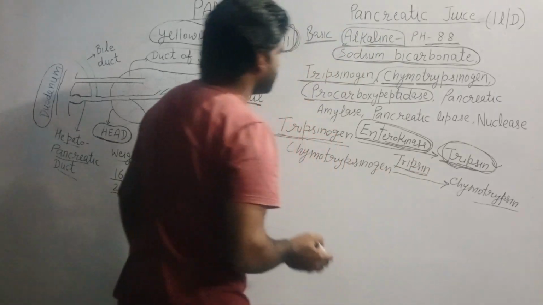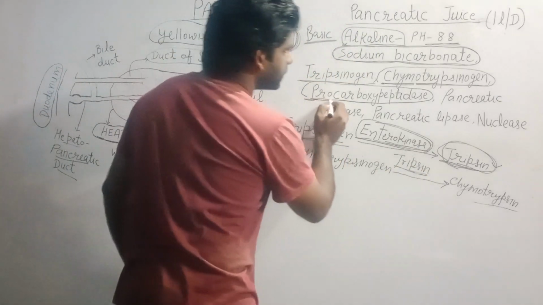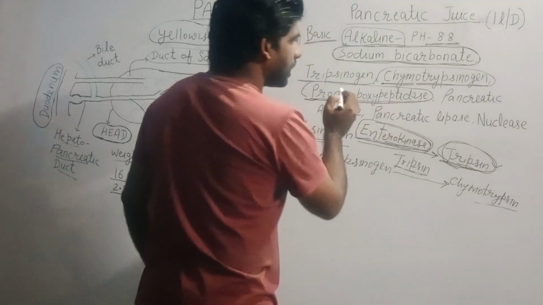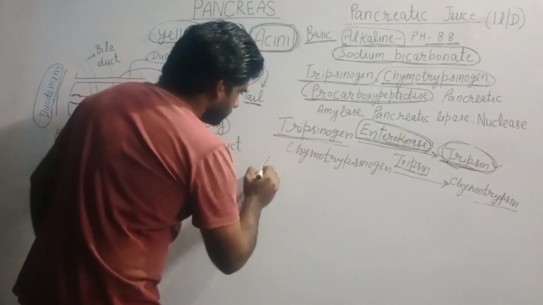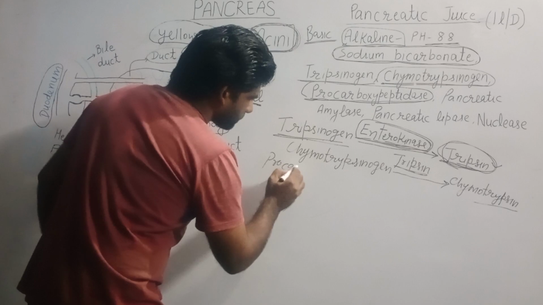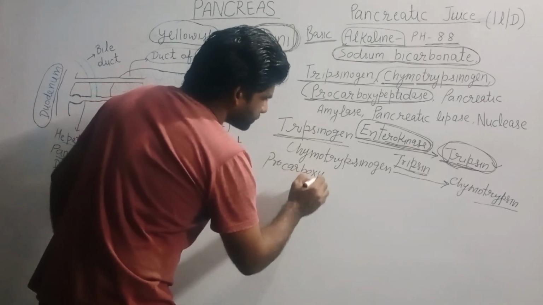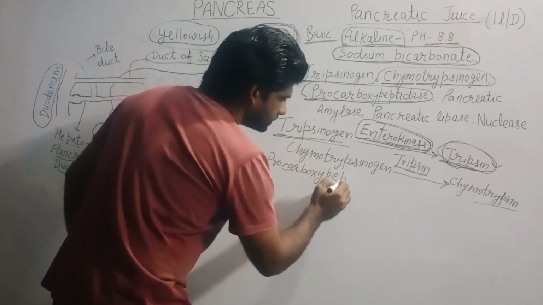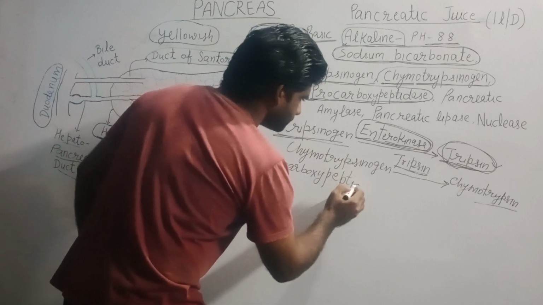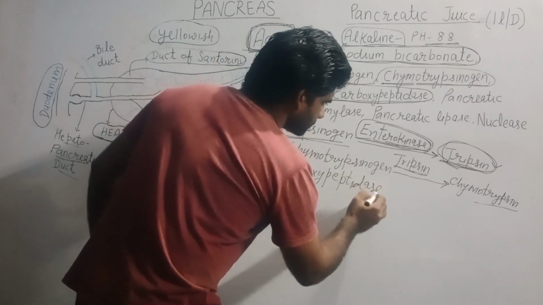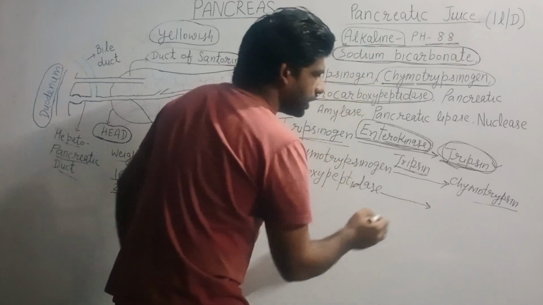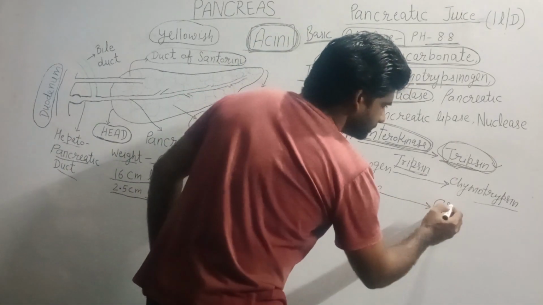Trypsin also converts procarboxypeptidase into carboxypeptidase.